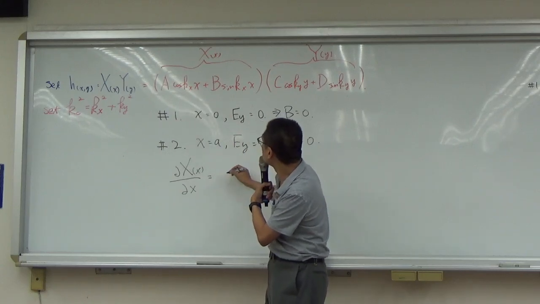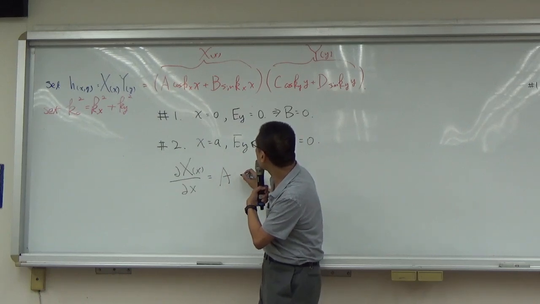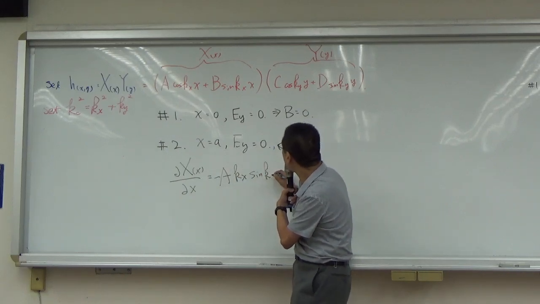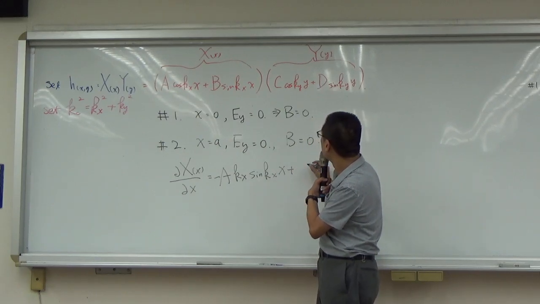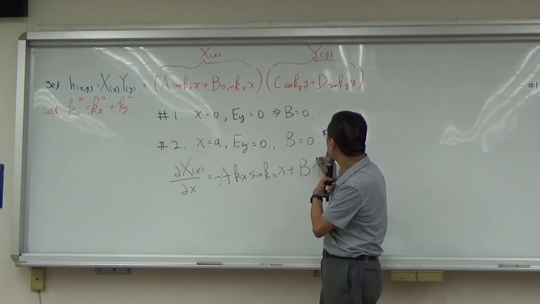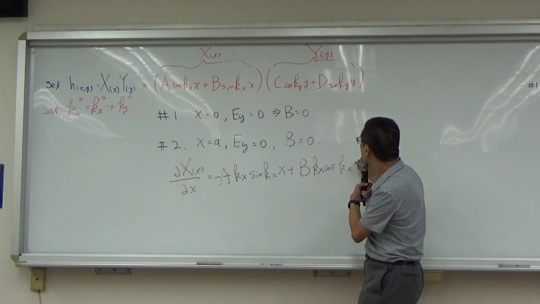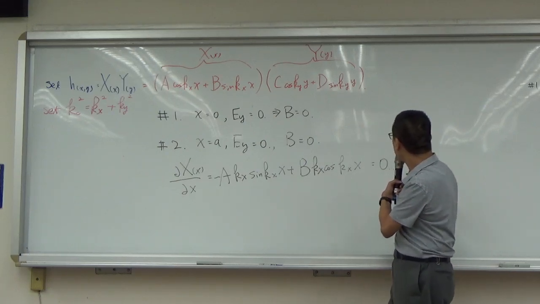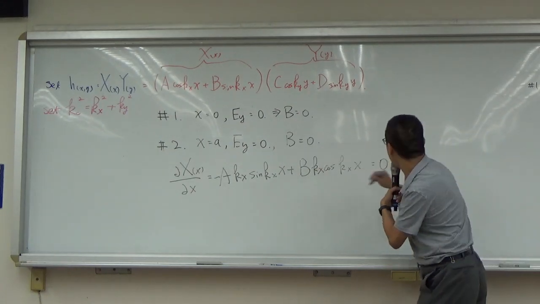I should not erase it because the same result. Minus A Kx sine KxX plus B Kx cosine KxX equals to 0 when x equals to a.